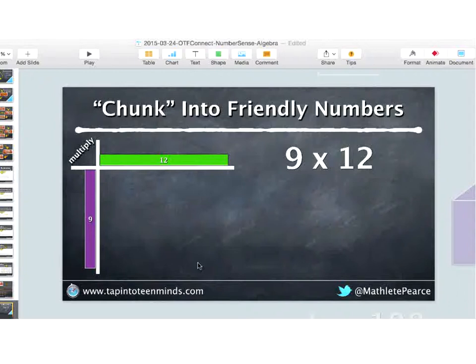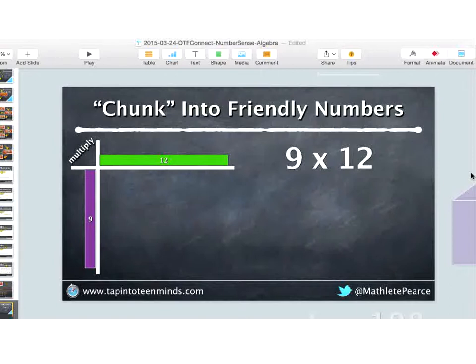So what I would like you guys to do in the chat window, it would have been nice to get you typing on the screen, but we're not going to have that today. I'd love for you guys to take a second and think about what are some friendly numbers that you could break 9 times 12 down into.